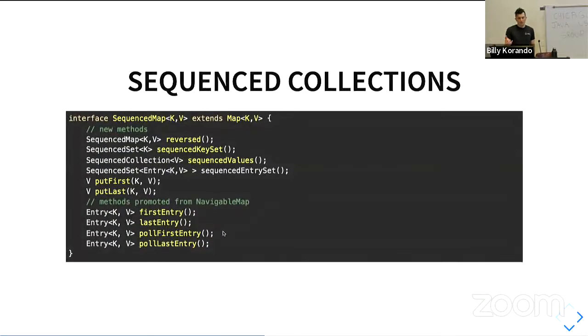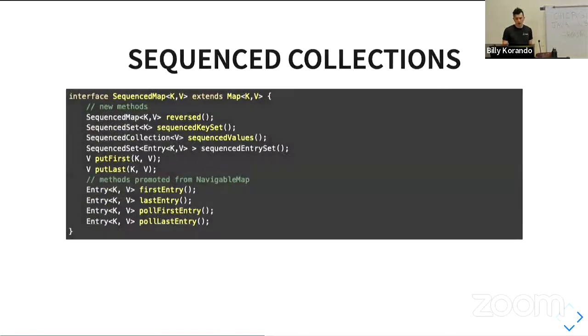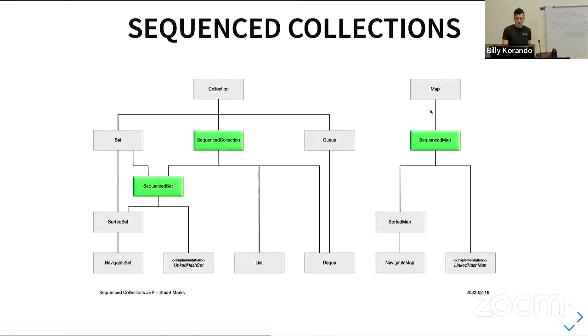And then a lot of similar corresponding behavior was also added to map as well. So probably the one important thing to understand, this is showing you where these new interfaces live within the hierarchy. A lot of times when you're writing a list, ArrayList is the default list implementation many developers use, or LinkedList, in which case they both benefit from the new sequence collection.